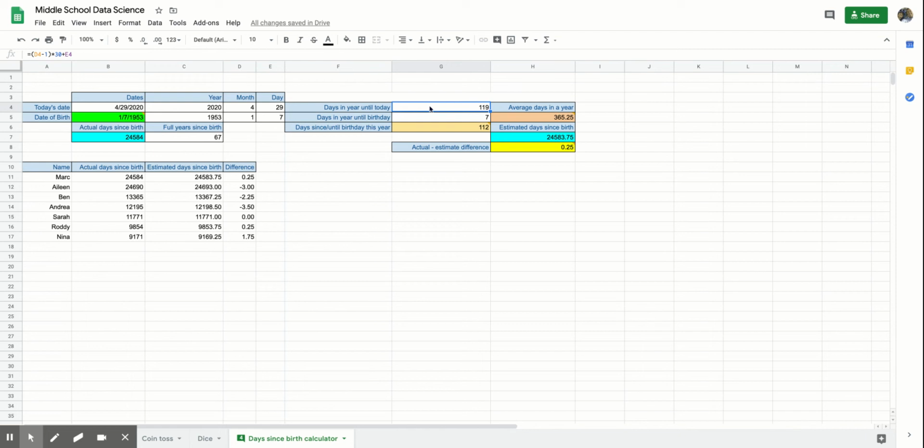So we have this idea that there is a real answer out there. It's really difficult to find, but we are happy if we can get an answer that is pretty close to the actual answer. So that's what we're trying to do here. We're trying to get an answer that's pretty close to the number of days that I have been alive since the day I was born.